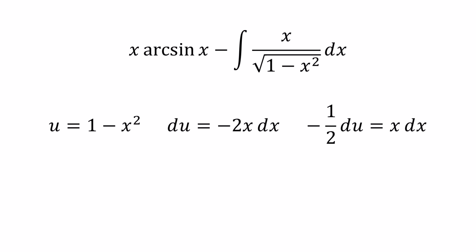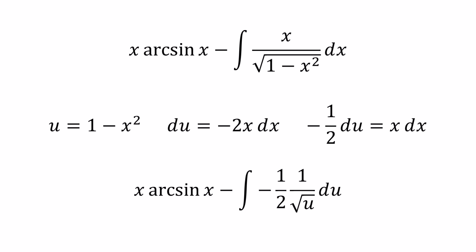Dividing both sides of the differential by negative 2 gives minus 1/2 du equals x dx. Substituting into the integral then gives x arcsine of x minus the integral of minus 1/2 times 1 over root u du.